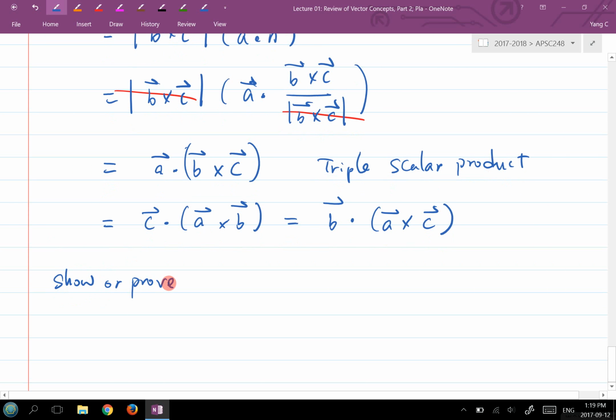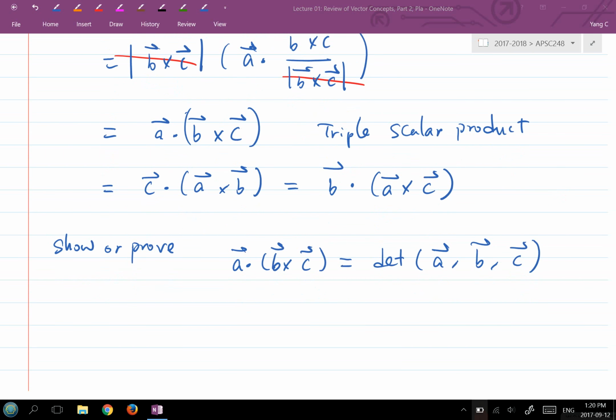You can show or prove the following: this A dot B cross C, the formula representing the volume of this parallelepiped, is exactly the same as the determinant of A, B, C. So what does this quantity mean?